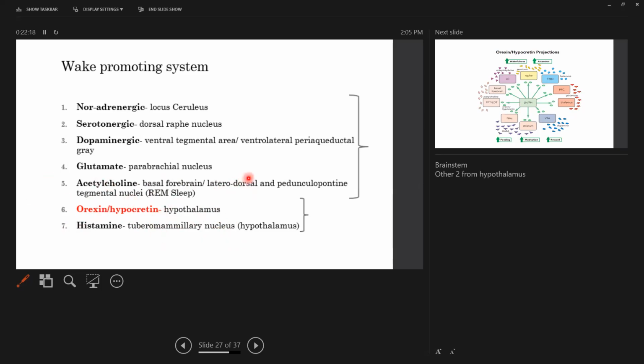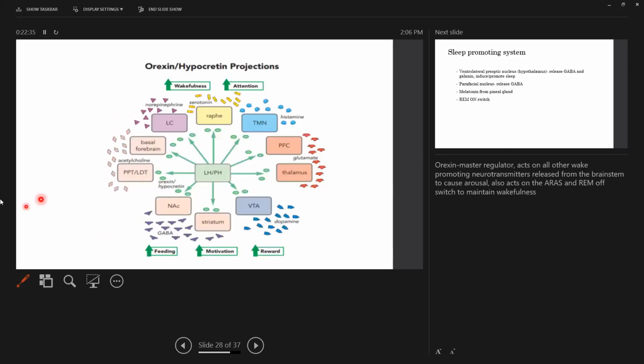Orexin has been highlighted here because it is the master regulator, and it further projects to all these other nuclei, which lead to the production of these neurotransmitters, and they enhance wakefulness. So orexin is the master regulator of wakefulness.